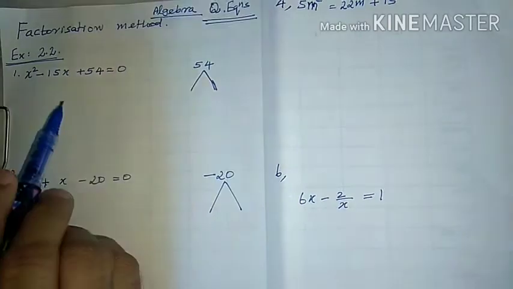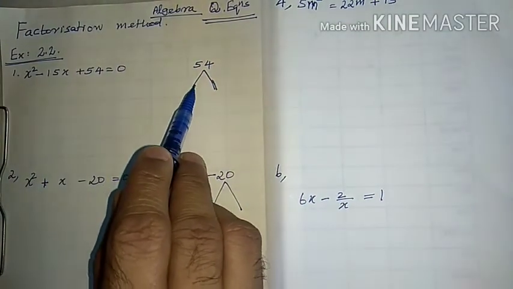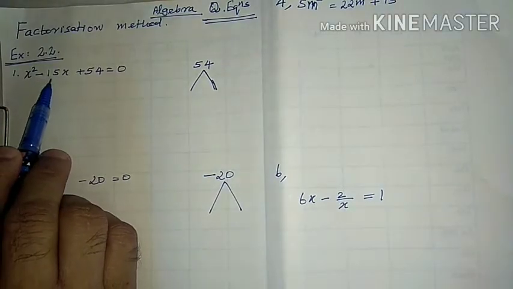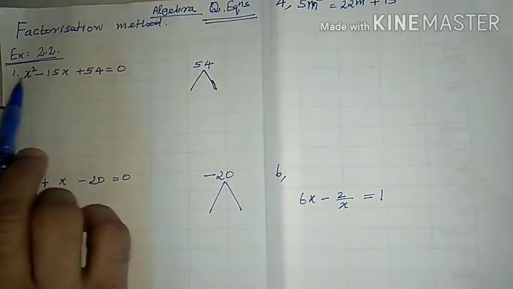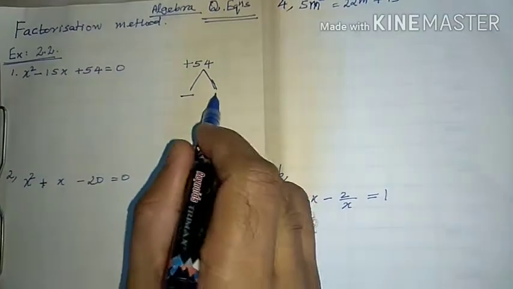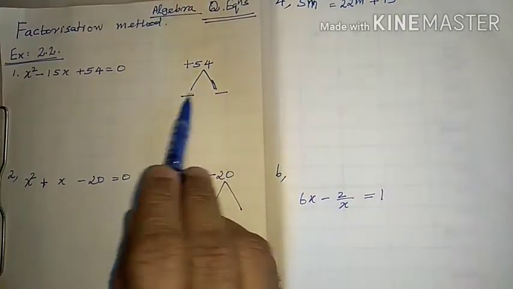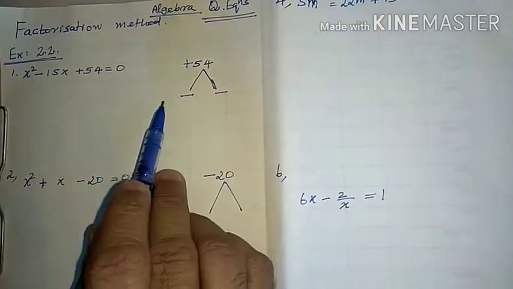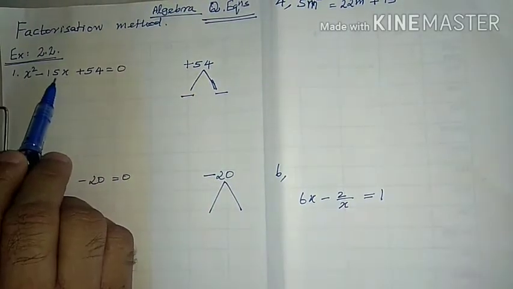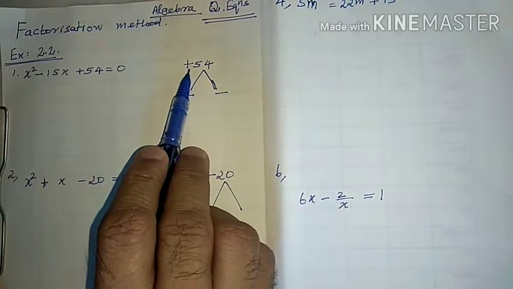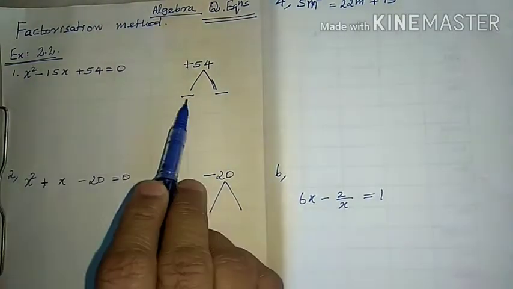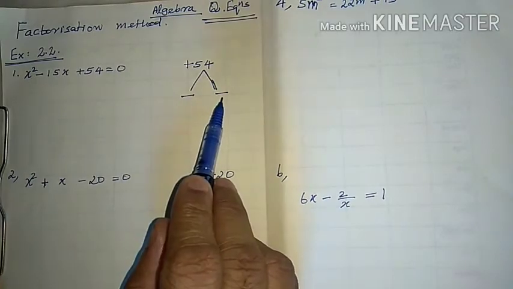1 into 54, 54. Many numbers are there, but the addition has to be minus 15. Product is plus, at the same time addition is minus, so both numbers should be minus, since minus into minus is plus.